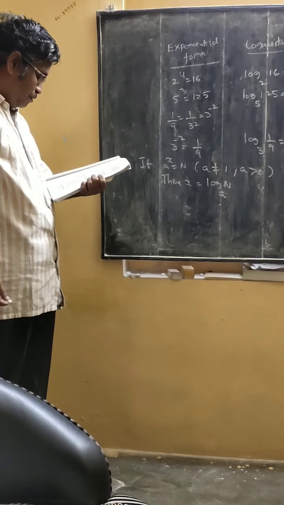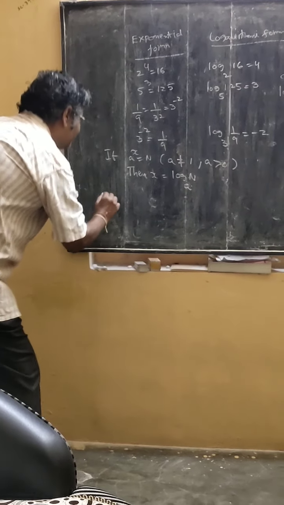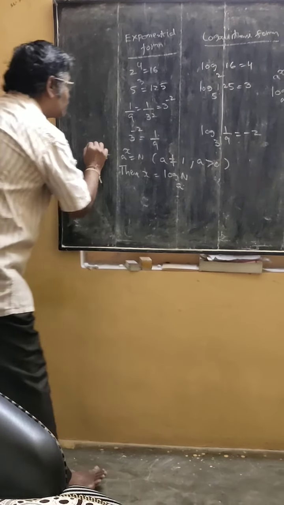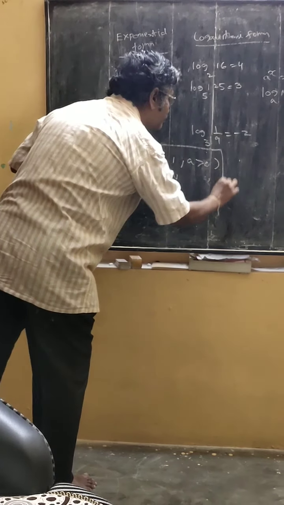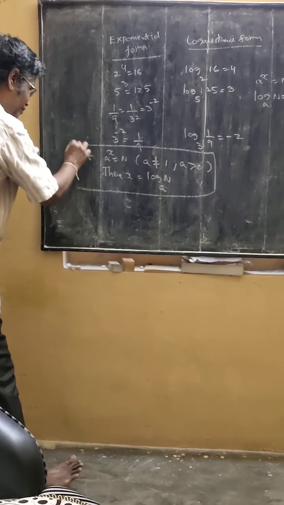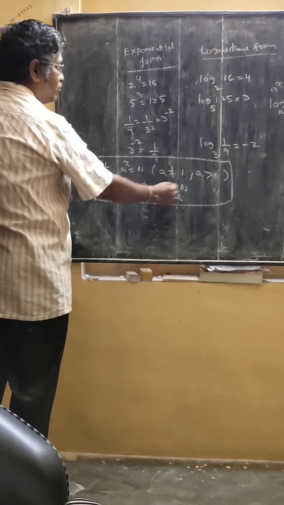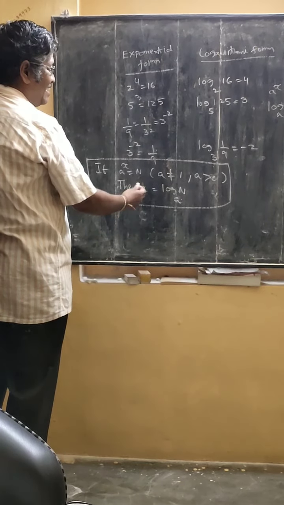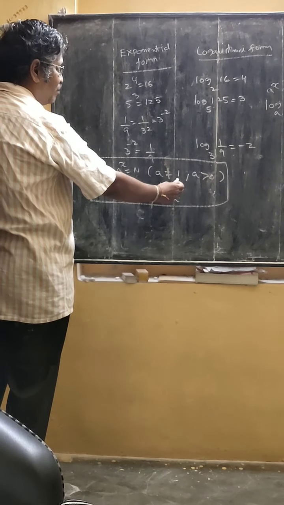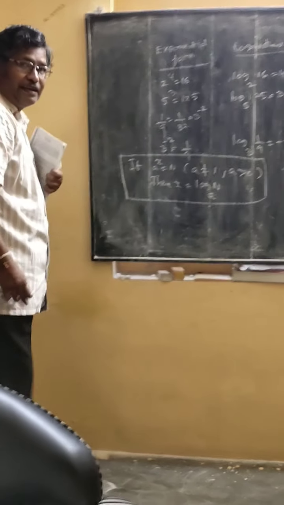That we already wrote. So if a power x is equal to n, then x is equal to log n to the base a. What is x? X is the logarithm of n to the base a.